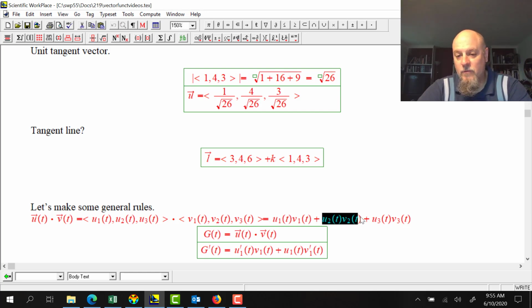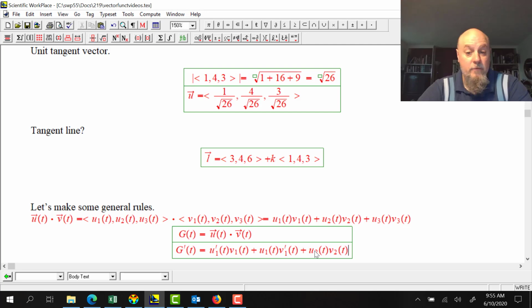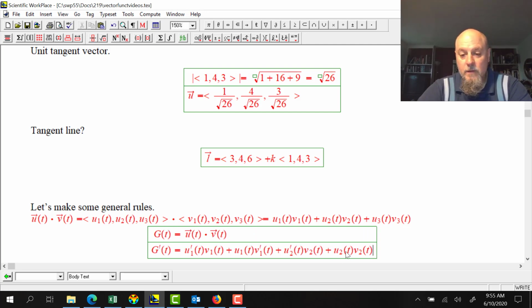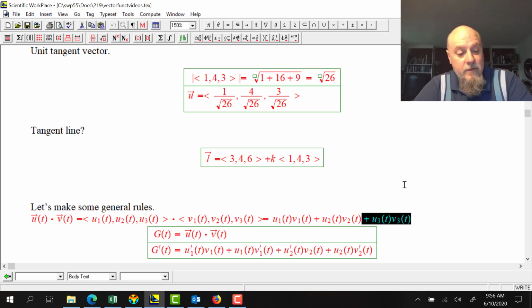Now I have to add to it the derivative of this piece. So that's going to be derivative of the second. Product rule again. Derivative of the first, leave the second alone, plus leave the first alone, derivative of the second. All right, so those two pieces are the derivative here. Now there's one more piece to take the derivative of, and you see the pattern with this. It's going to be product rule again.